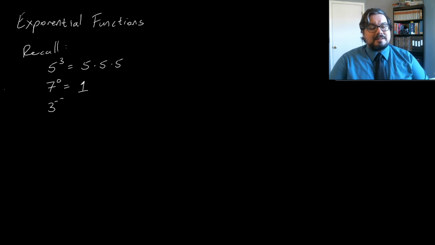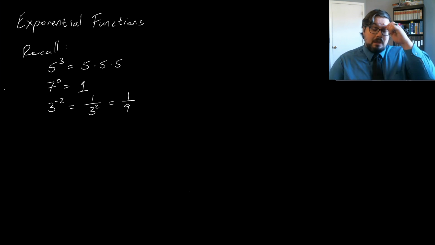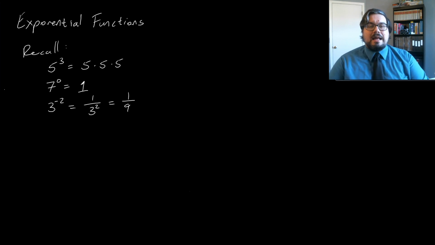And then if I take a number like 3 and raise it to a negative integer, like -2, that's the same as 1 over 3 squared, which is 1/9. And these 3 rules allow us to raise any positive number to any integer power, positive, 0, or negative.